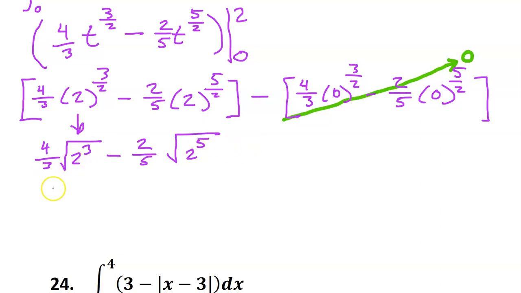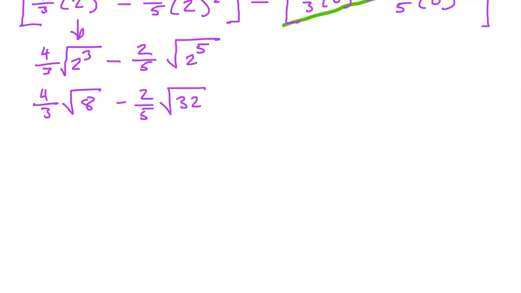Now, of course, 2 to the 3rd power is 8. So I have 4 over 3 times the square root of 8 minus 2/5 times the square root of 32, since that's 2 to the 5th power. Simplifying these radicals, we know that 8 is 4 times 2, and 32 is 16 times 2.